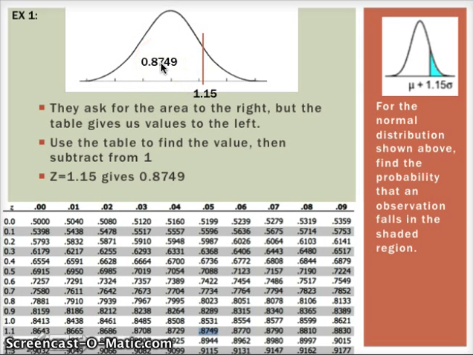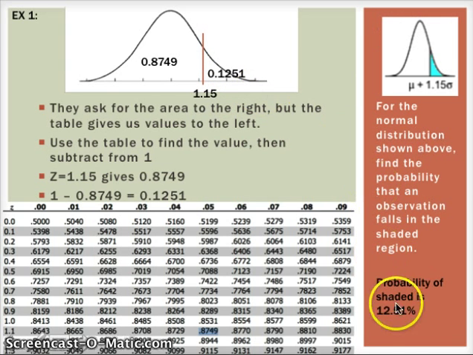What they've asked me for is on the right side, so I need to subtract from 1. 1 minus that score gives me my answer. The probability that it's in the shaded region is 0.1251. That's the number on this side. The probability of the shaded region is 12.51%.